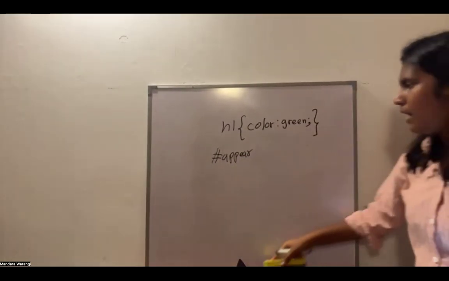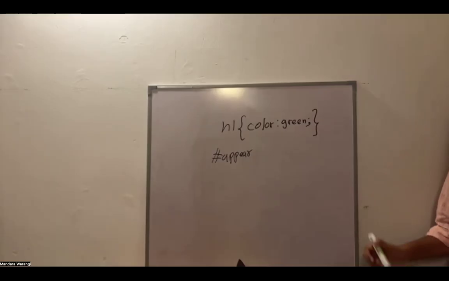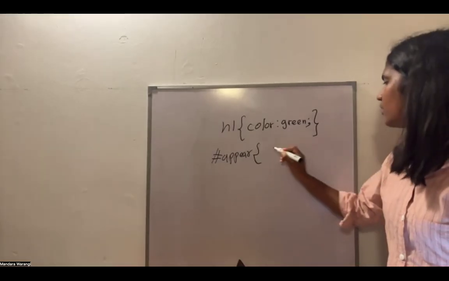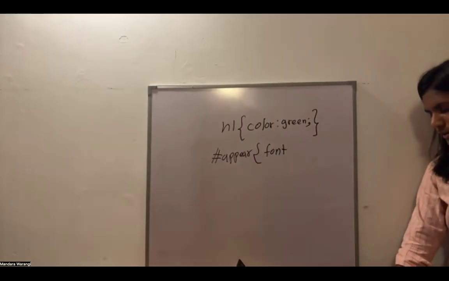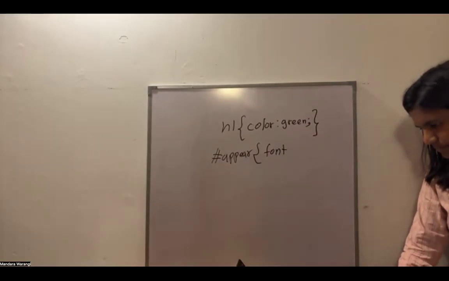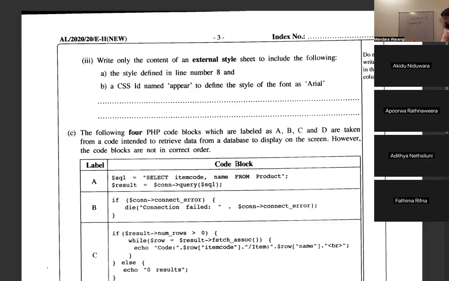Okay. In appear, you have to change the font type, no? They're asking us to change the font style. So how can you write the font style in CSS? Font family, colon, Arial, semicolon.